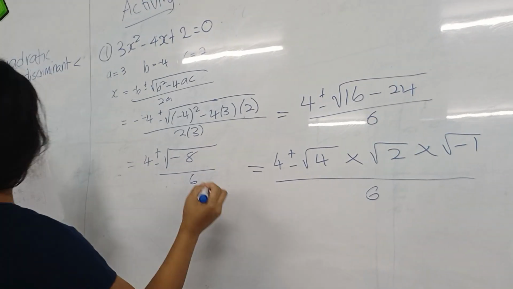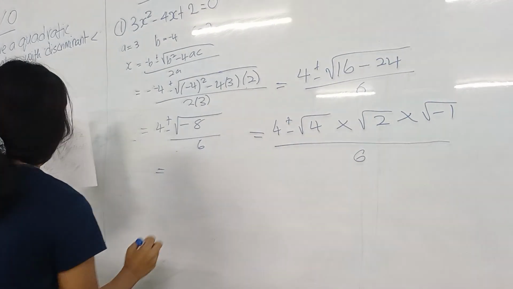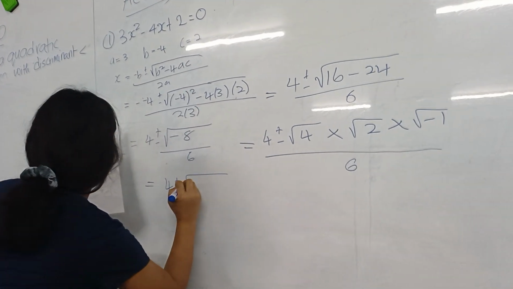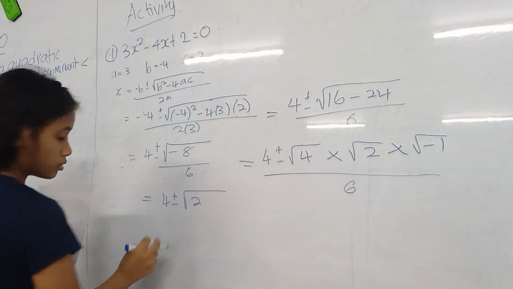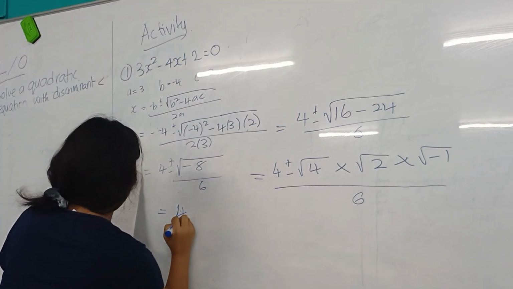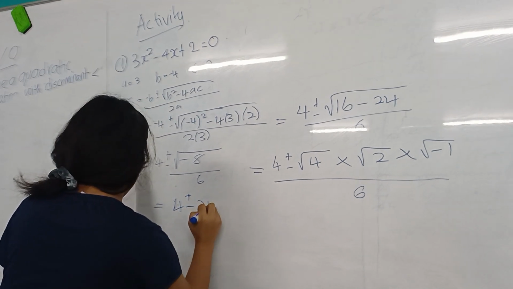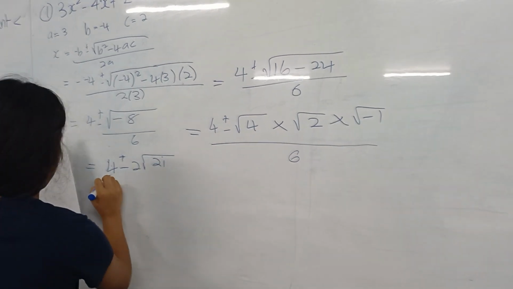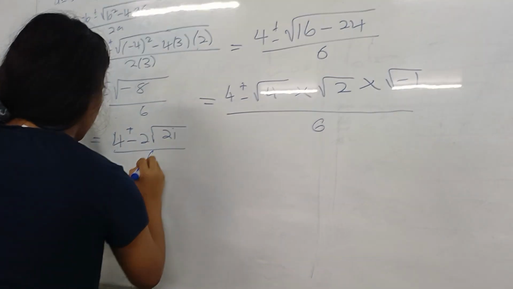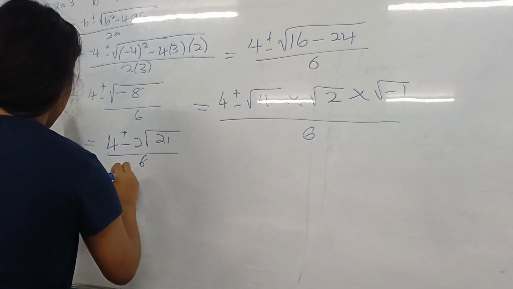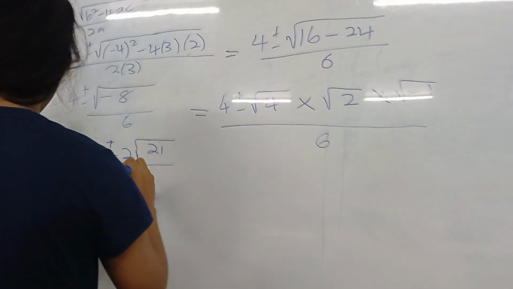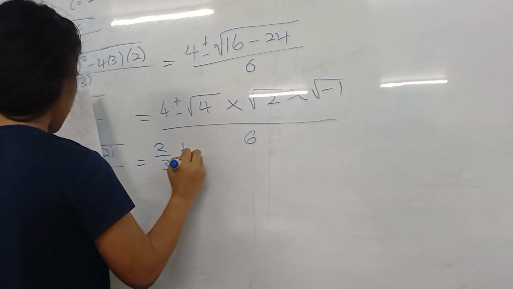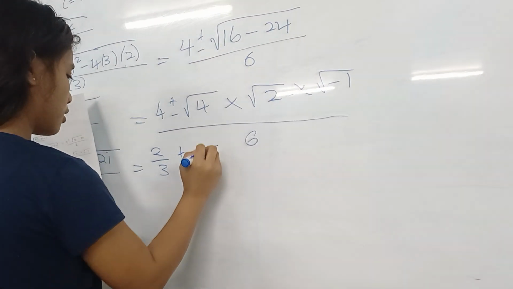And again we get 4 minus 2, right? 4. Leave plus or minus 2i.